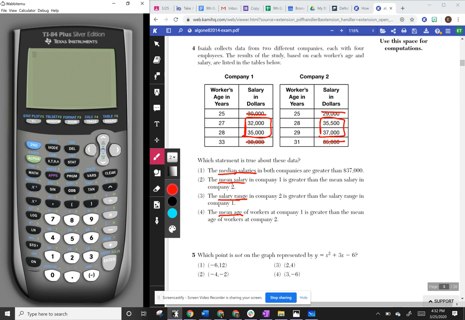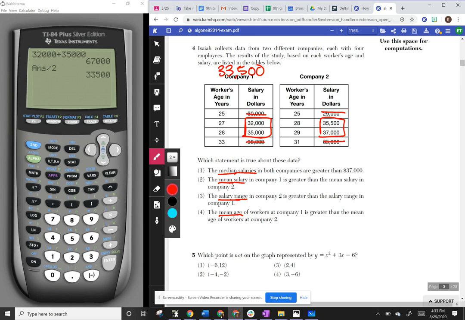So to find the median, you add them up. So 32,000 plus 35,000, divided by 2. So the median of company 1 is 33,500. We're going to do the same thing for company 2.